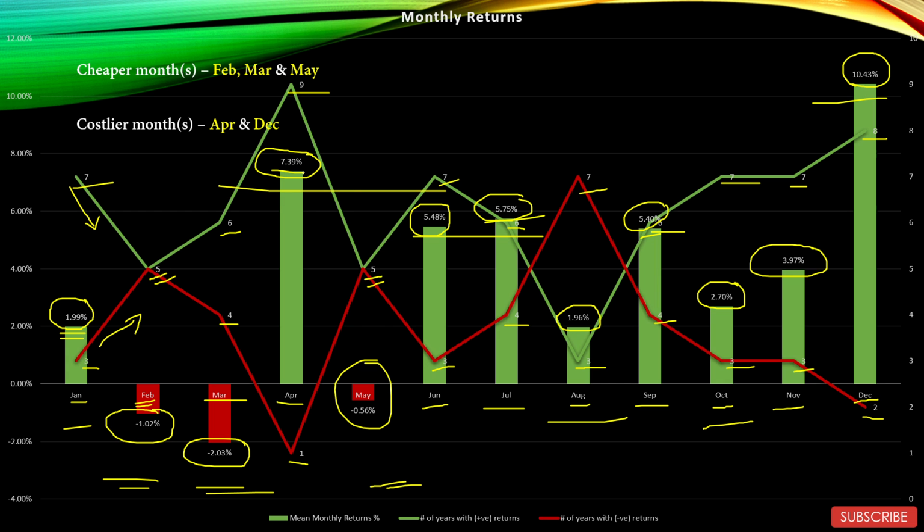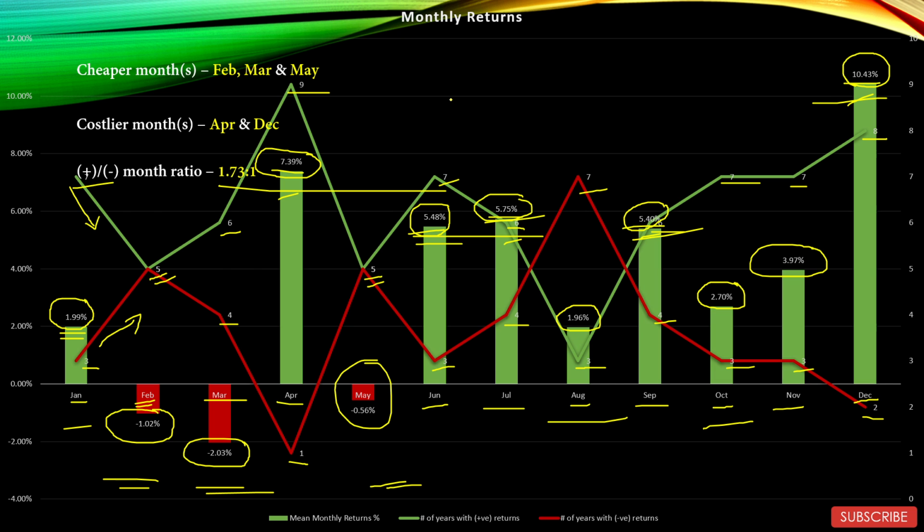April with 7.39% monthly returns and December with 10.43% monthly returns. So extremely good months. There are a couple of others as well. For example, June with 5.48, July with 5.75, September with 5.40. So these three months too are good months for this sector. So basically there are five good months for this sector: April, June, July, September, and December.